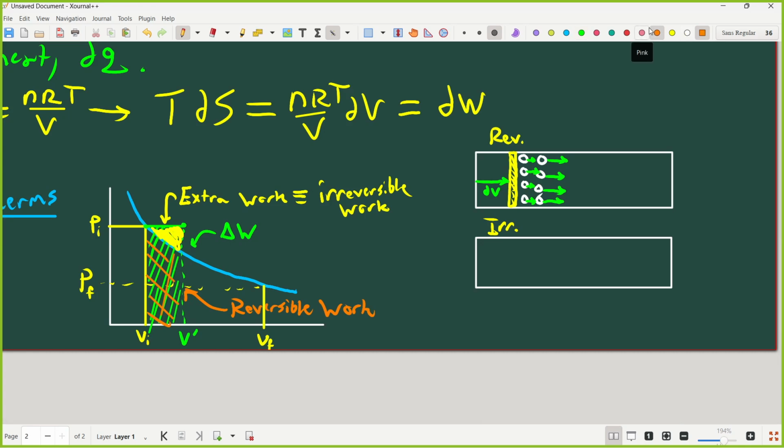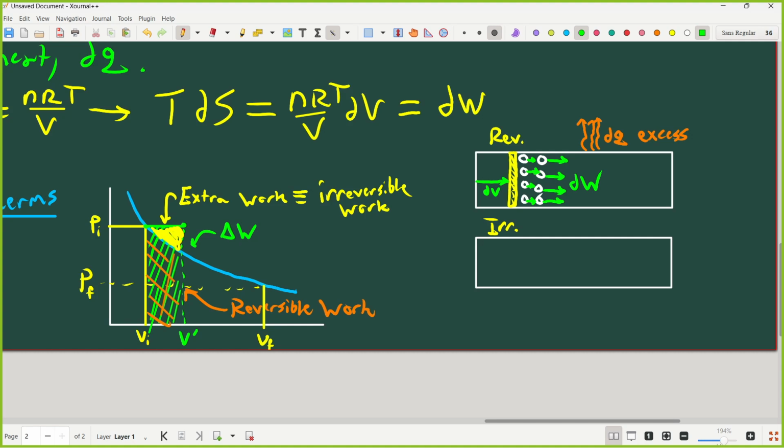And any of the excess energy that is not needed for this orderly motion is released as heat. So this orderly motion is the change in work.